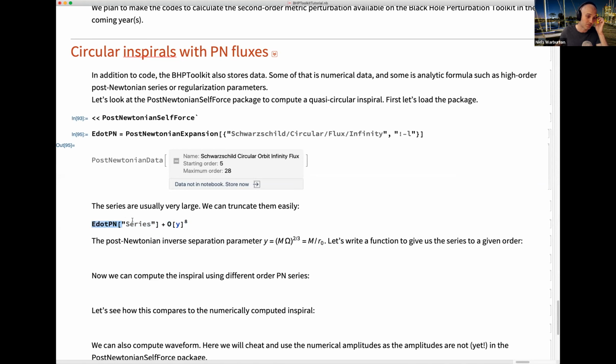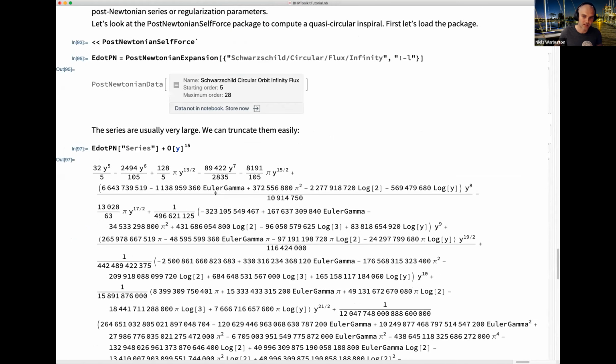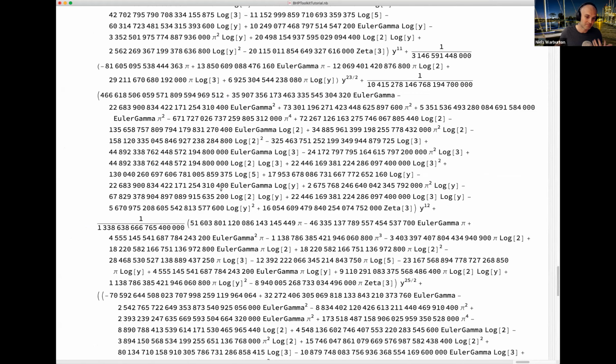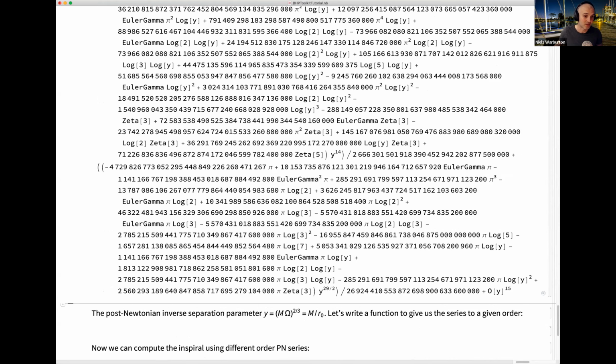So this is a series object in the pure sense in Mathematica. You can use O[y] to the 8 as an example. So there's the first few terms, but just as easily I could have asked for y to the 15. There's the first bunch of terms, and that is just the beginning of it. It goes all the way up to y to the 28.